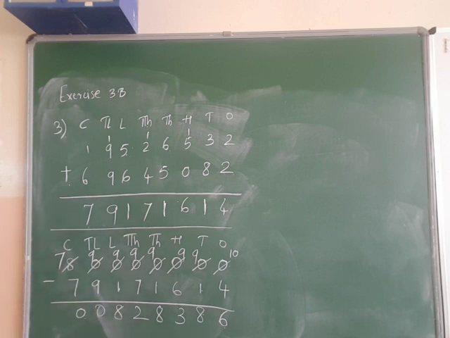So what should be added? 8,28,386 should be added to the number. Okay. So what should be added to make 8 crore?